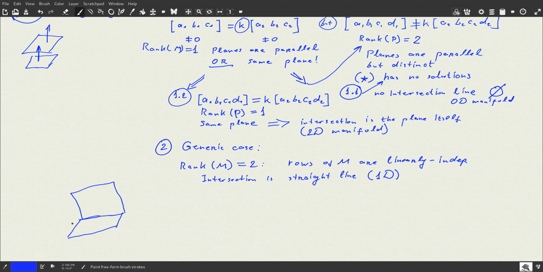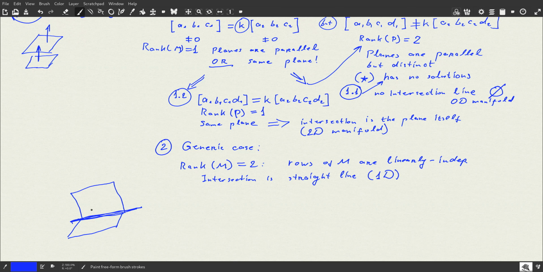Excuse my hand drawing. And there is an intersection line between these two planes. Obviously, this intersection line belongs to both planes.